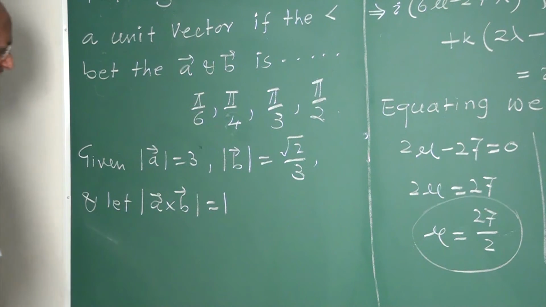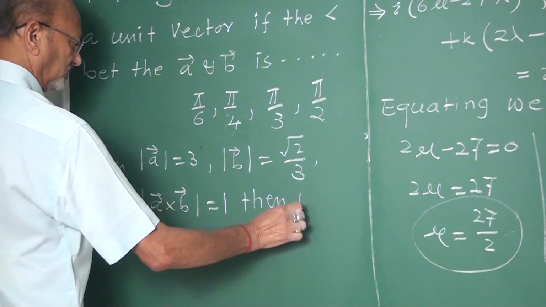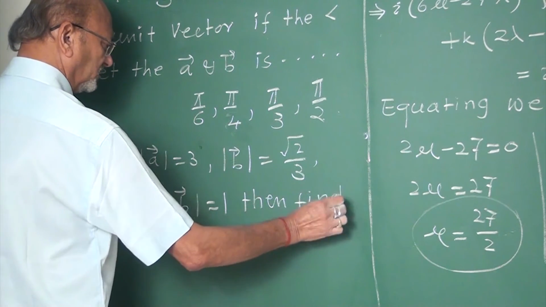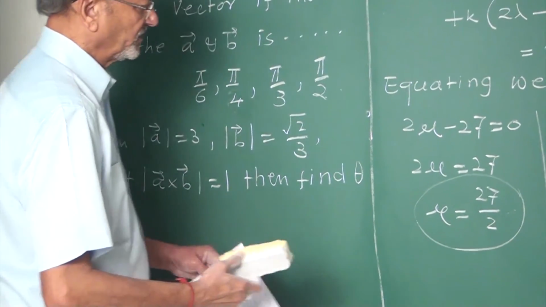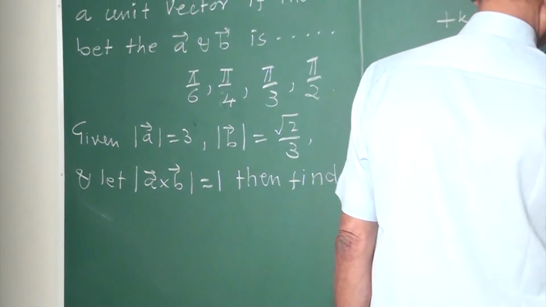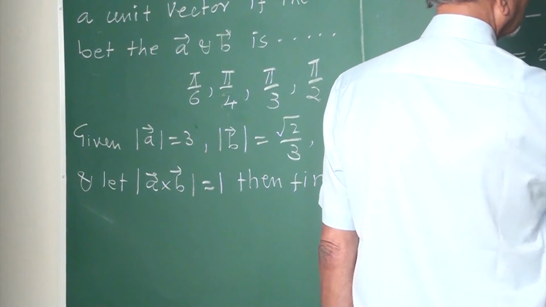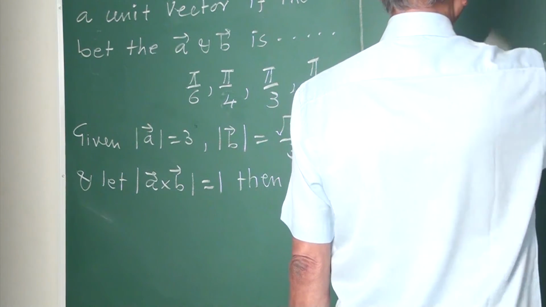Then find theta, the angle between the vectors. For this, use the definition of A cross B.